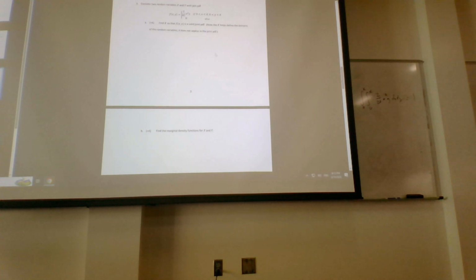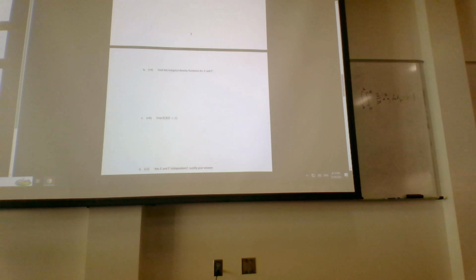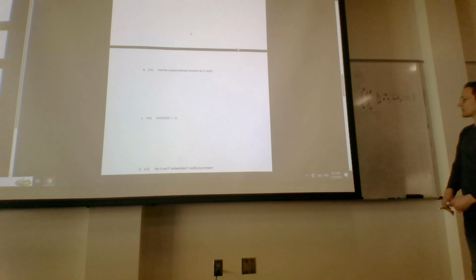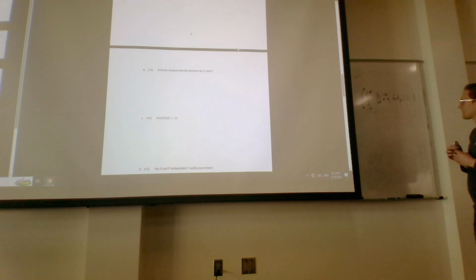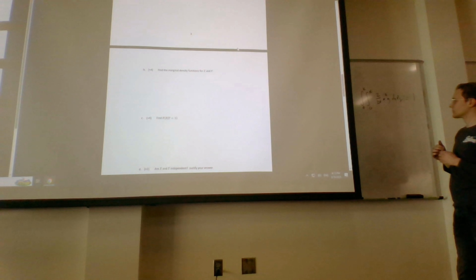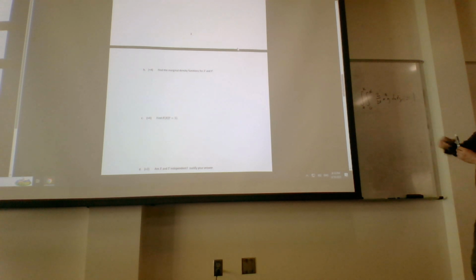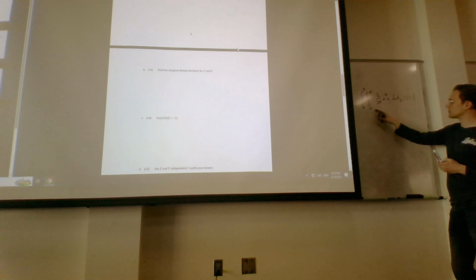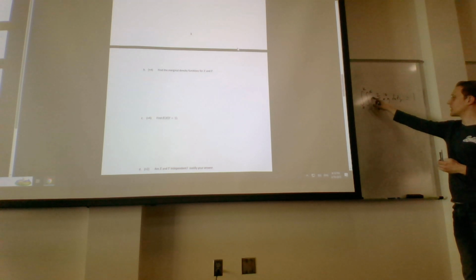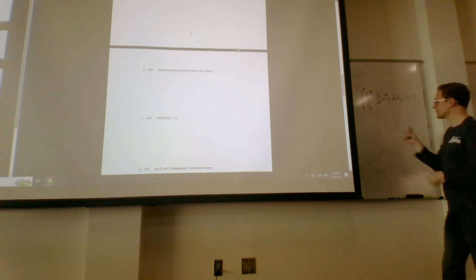Okay, so that's pretty straightforward. Find the marginal density functions for x and y. So how would you do that? At this point you will have solved for k, so you'll have what your bounds actually are. k is not actually in your function here.